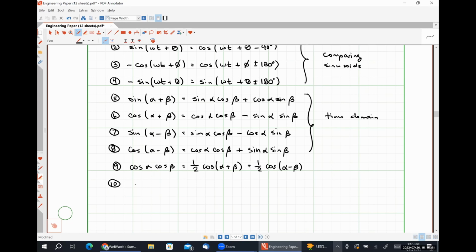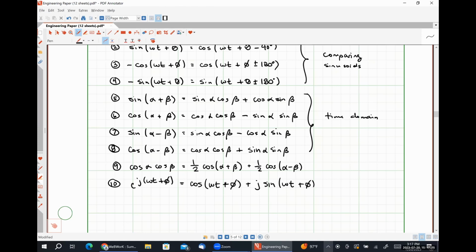So Euler's function says that e to the j omega t plus some phase angle phi is equal to cosine omega t plus phi plus j sine omega t plus phi.